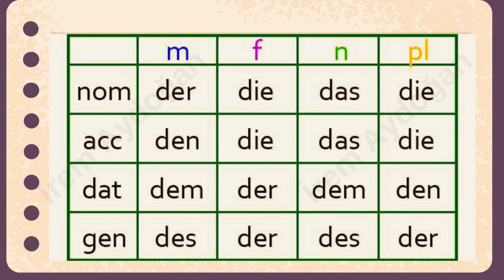If a noun is masculine, der article, nominative the same der, accusative den, dative I use dem. And for the plural nouns we have the article die, and nominative I use again die, accusative I use again die, but dative I use den for the plural nouns.